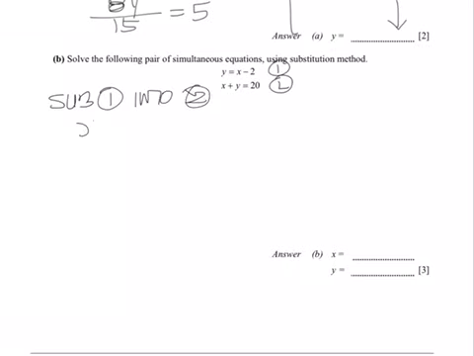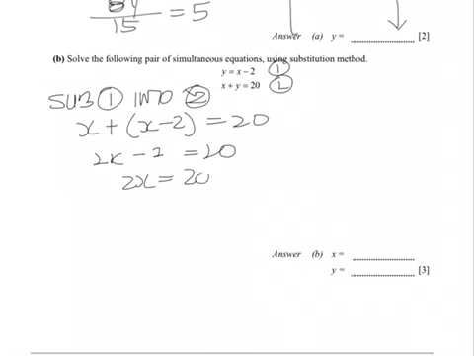So I will have x plus bracket. I always put a bracket, make it a good habit. And open a bracket. And then we have 2 plus 2, and it will be 22 over 2. x is 11.